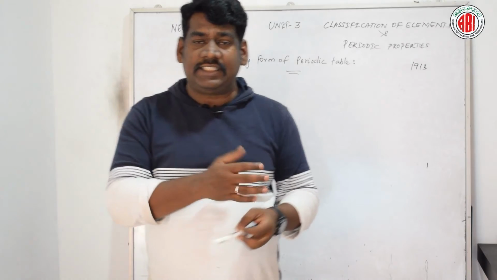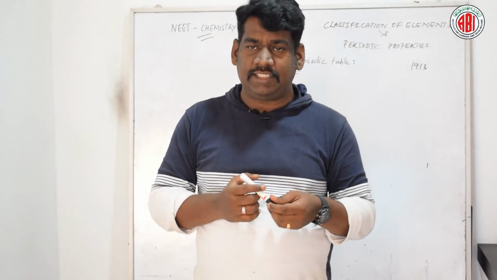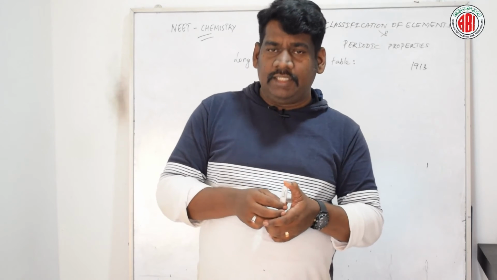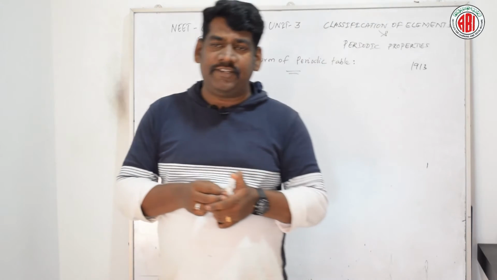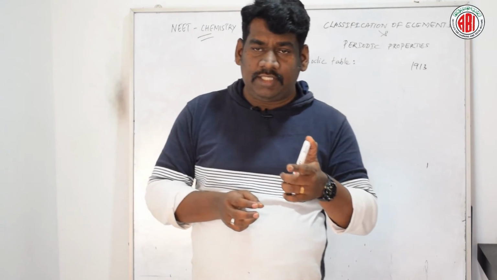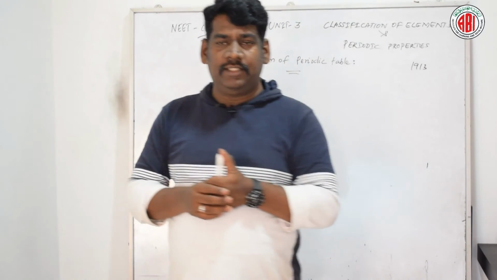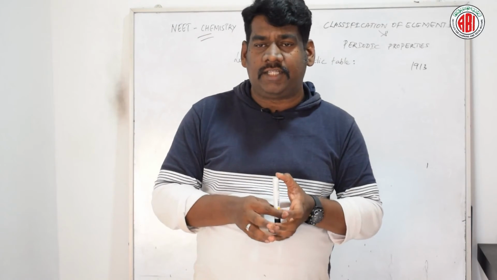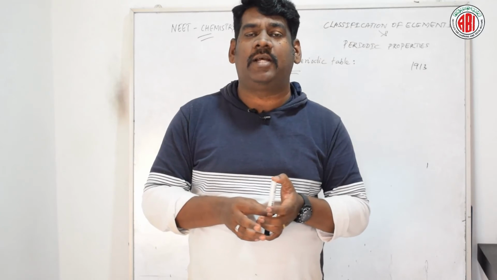When he studied the frequencies of these emitted X-rays, he observed that the frequency of the prominent X-ray emitted by an element was proportional to the atomic number and not to atomic weight.